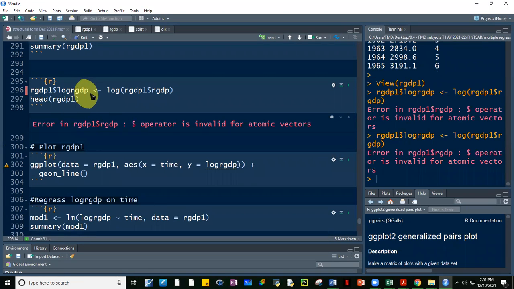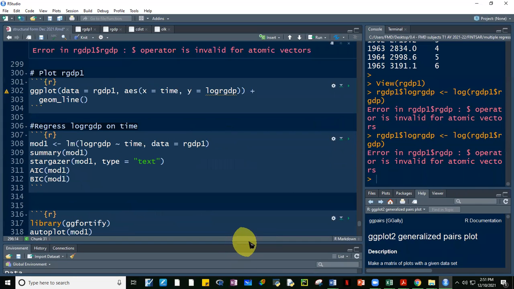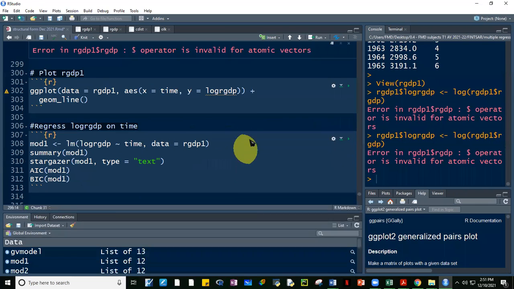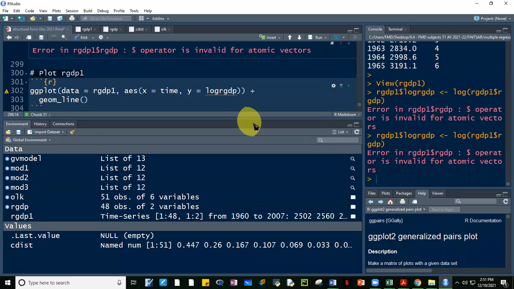This is wrong. Okay, I'm calling it log RGDP, and then it's the log of... Let me see my environment. Okay, RGDP1.